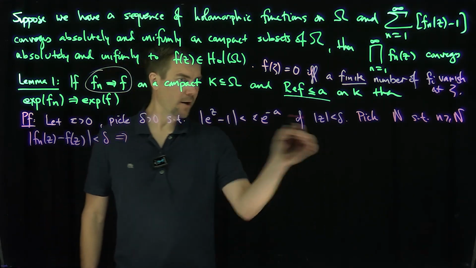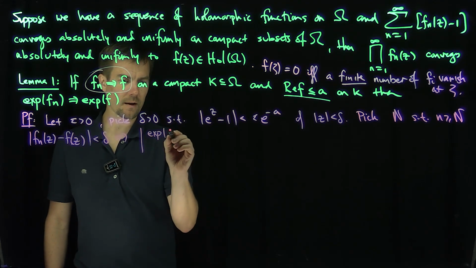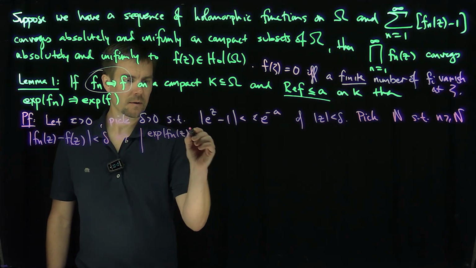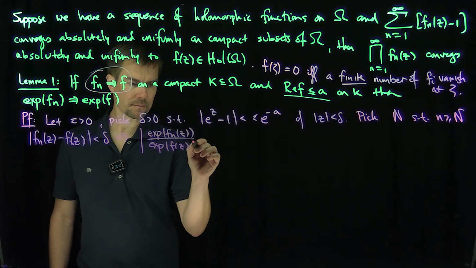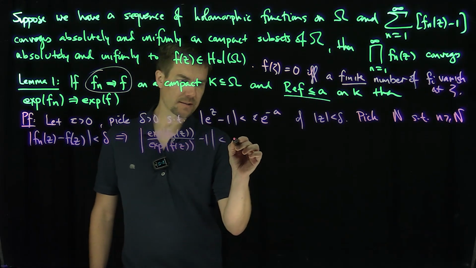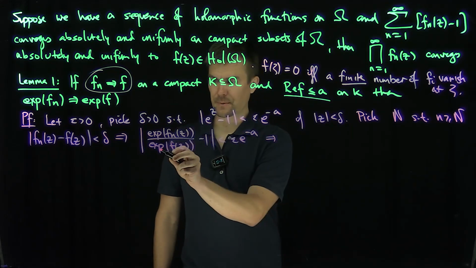Good. Okay, and so now what does this tell me? Well, that's a value of z. So this tells me the following. It tells me that |exp(fn(z))/exp(f(z)) - 1| is less than epsilon e to the negative a. Multiply by exponential of f of z.